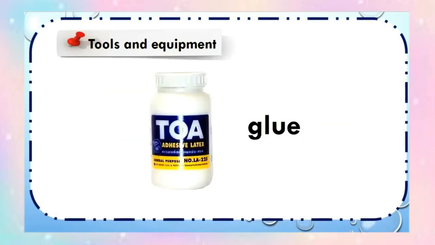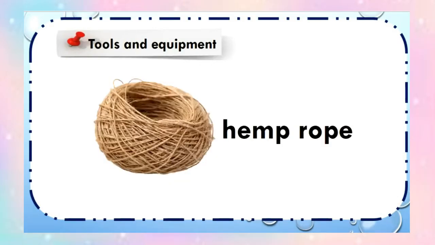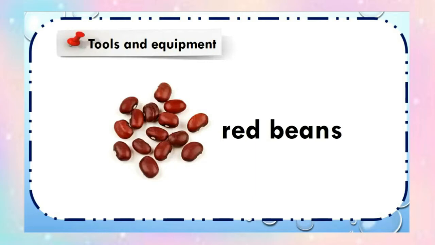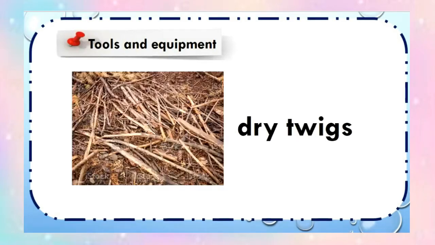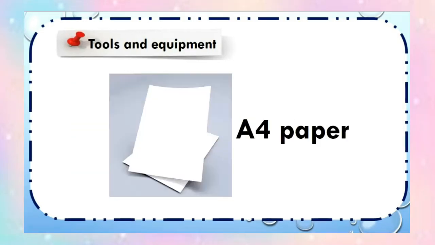Next, we need glue. We need hemp rope. We need red beans or anything that you can design with, okay? You can choose anything that you want to design with, okay? And we can use dry twigs as well, or small branches from the tree, okay? And A4 paper or bond paper.